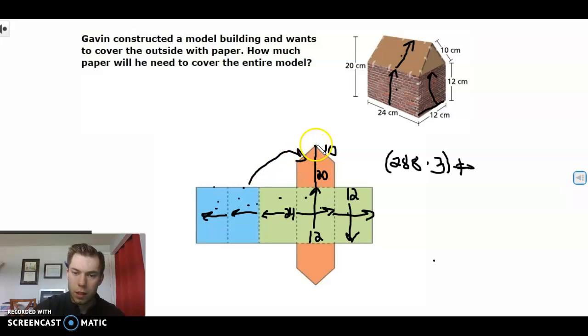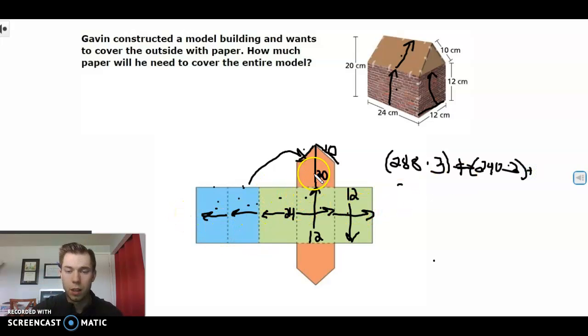Since we know that this side length is 10, and it is an isosceles triangle, this is going to be 10 here. So that makes this length 10. So we have two 24 by 10s, or 24 times 10 is 240. We got two of those, so we'll multiply it by 2. I'll keep adding on. So we've got all of our rectangles covered.